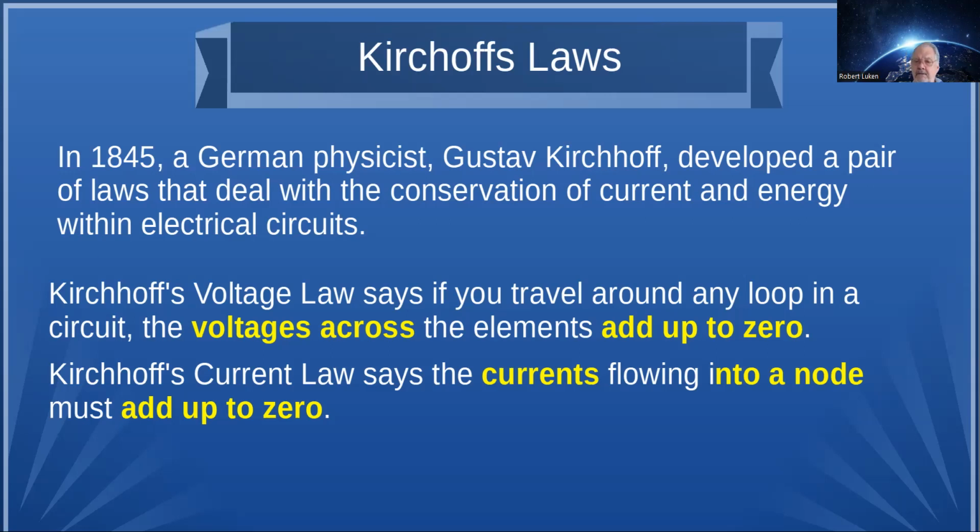His voltage law says that if you travel around any loop in a circuit, the voltage across the elements add up to zero. He came up with his current law that says currents flowing into a node of a circuit must add up to zero. So what do those mean?